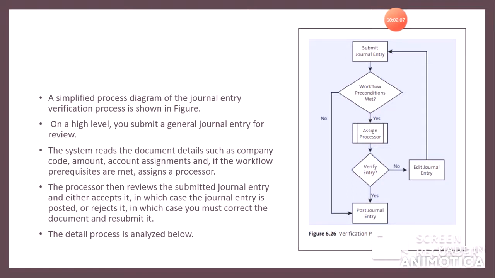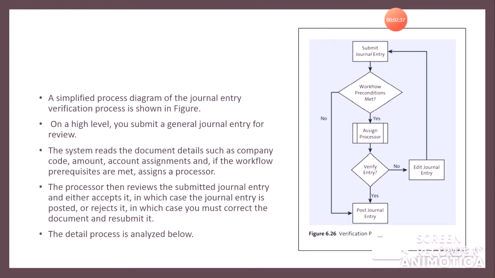If he finds all the data in the document is perfect, then he will post the entry. Otherwise he will reject it and send it for editing. And one more condition: if the journal entry workflow conditions are not met, the workflow will not get triggered. So on a high level, you submit a journal entry for review.